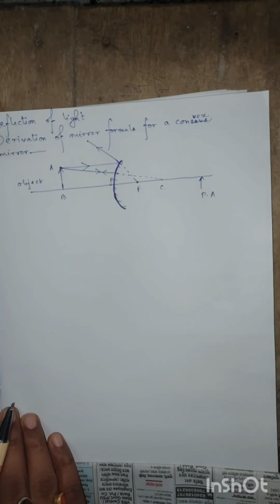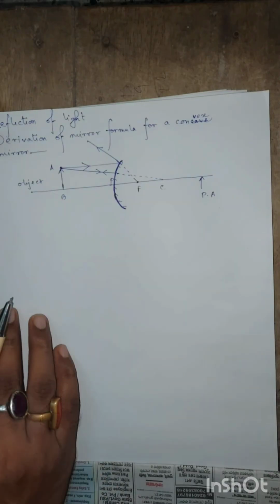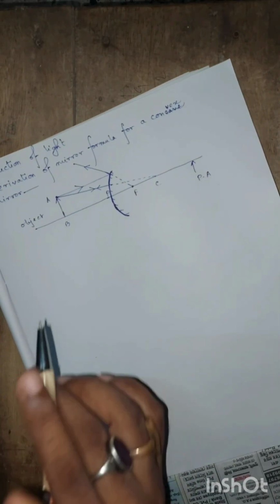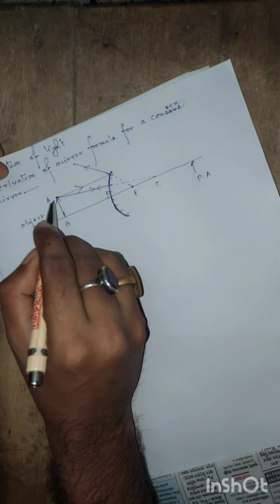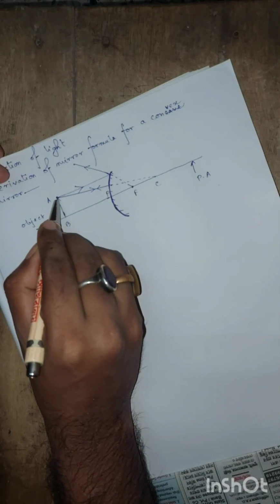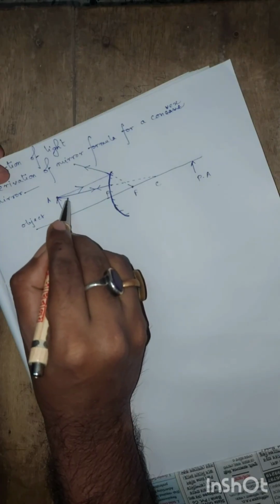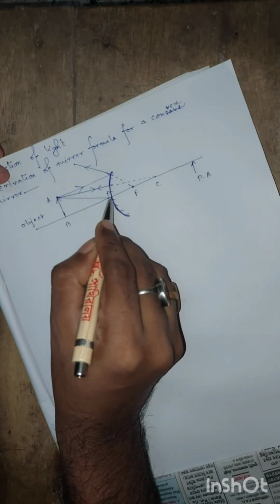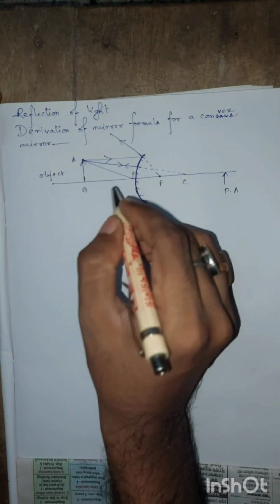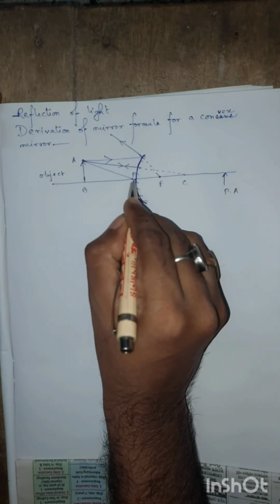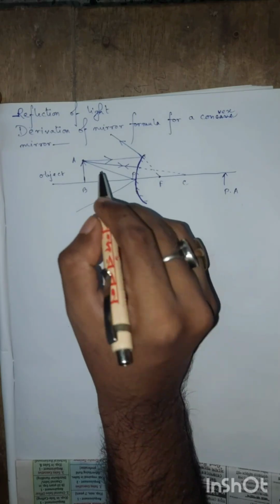And let us take another important ray which is striking the pole. After striking the pole, it gets reflected like this.